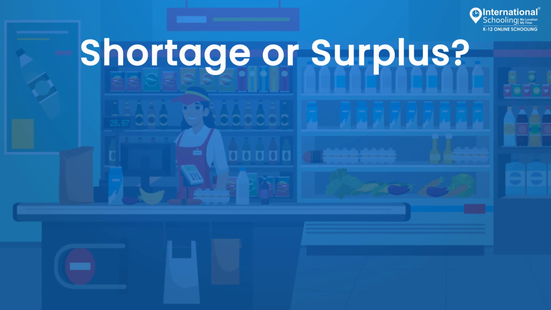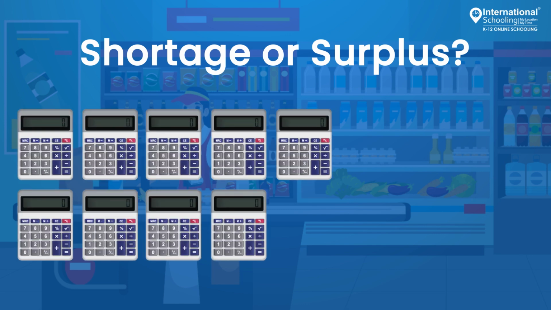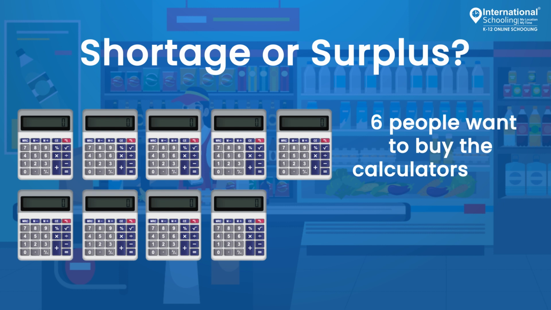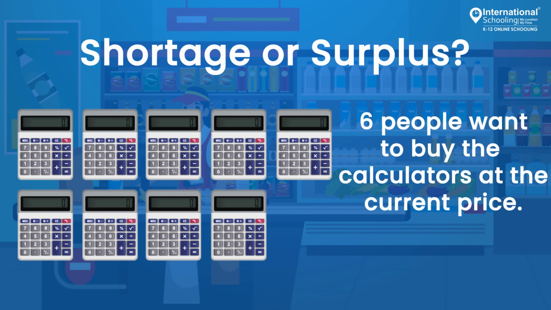Let's try this one. Let's say an office store has 9 calculators that they are selling, and there are 6 people who want to buy the calculators at the current price. So there are 9 calculators, and 6 people who are willing to buy them at the current price.